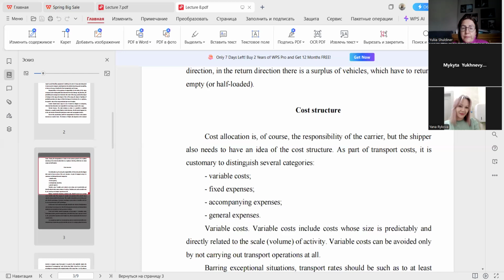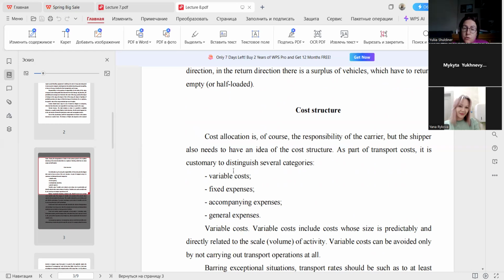Cost structure. Cost allocation is, of course, the responsibility of the carriers, but the shipper also needs to have an idea of the cost structure as a part of transport cost.